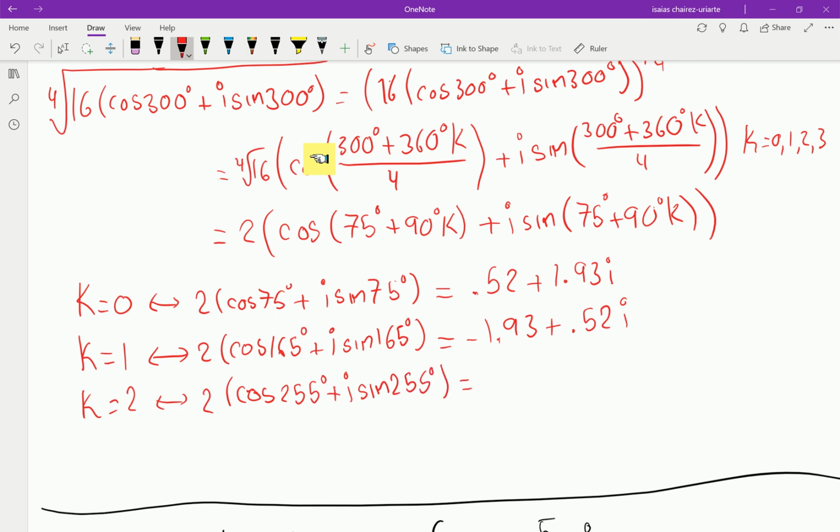Okay, and if I punch this into my calculator, this becomes negative 0.52 minus 1.93i.